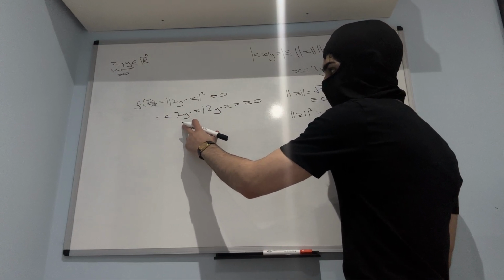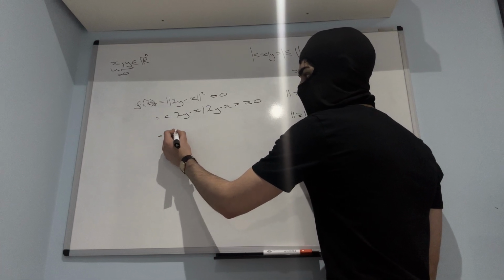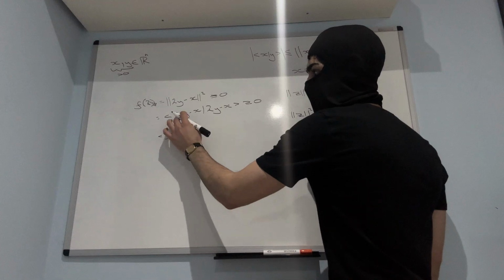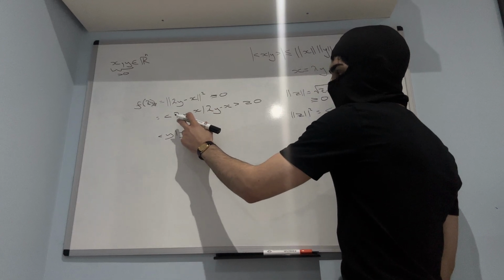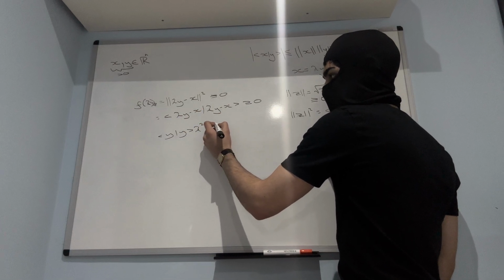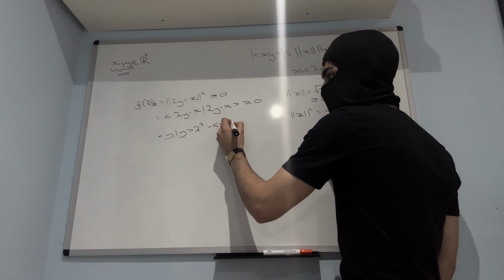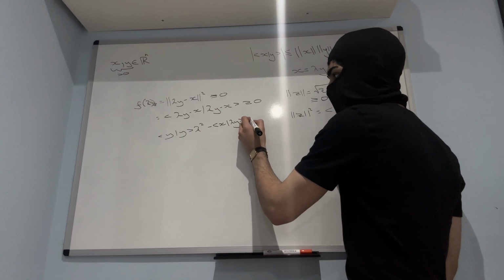So we have lambda y times lambda y, which is just lambda squared times the inner product of y with itself. Then we get lambda y times minus x, which is minus the inner product of x and y, and the same thing here.